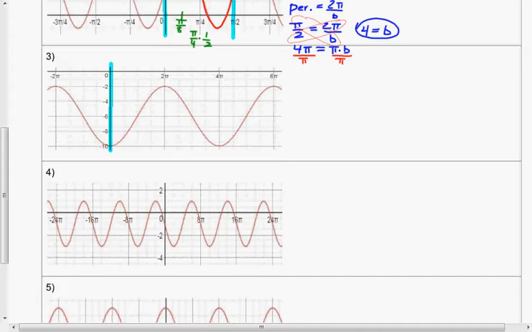Okay, figure out what the midline is. What's the midline of this curve going to be at? Its maximum is at negative 2. Its minimum is at negative 10. Its midline is negative 6. So it's been shifted down 6 units, and it has an amplitude of 4.